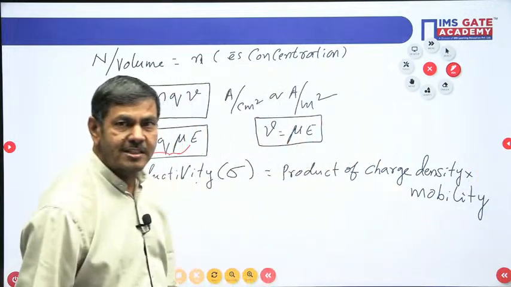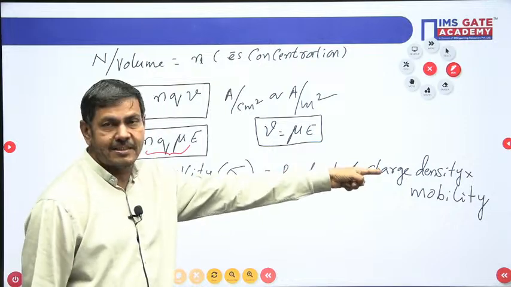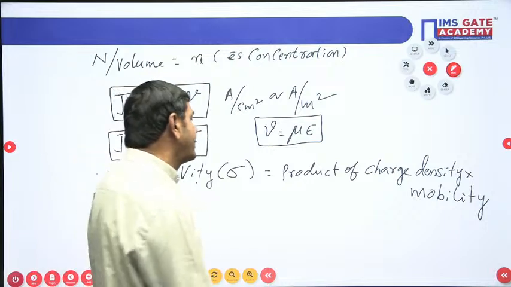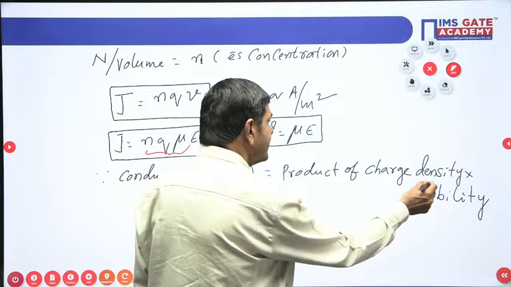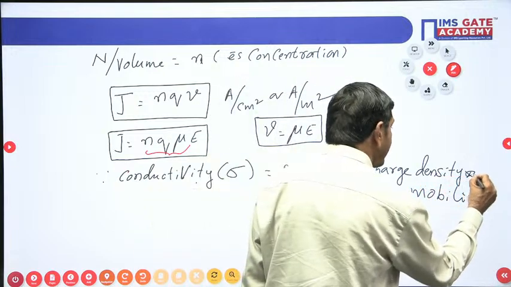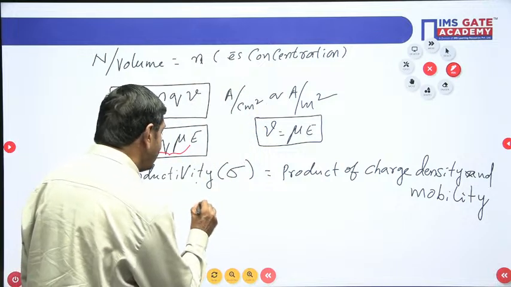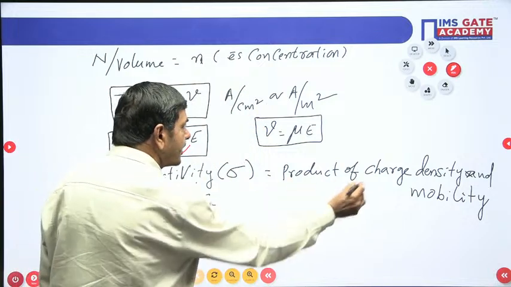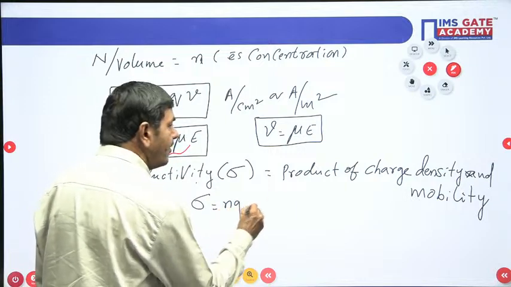As a volume charge density, I said. Charge density means N into Q is nothing but the charge density only. Finally, conductivity I can write as the product of charge density and mobility. Charge density means N into Q. Mobility means mu.